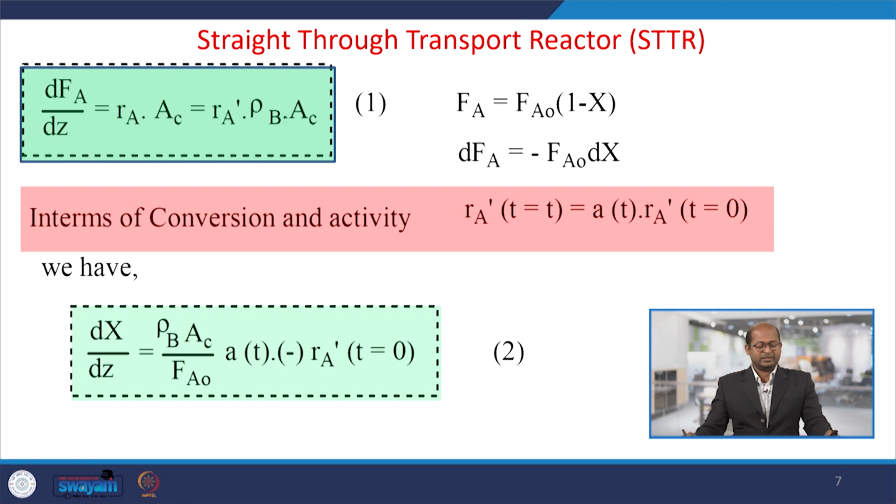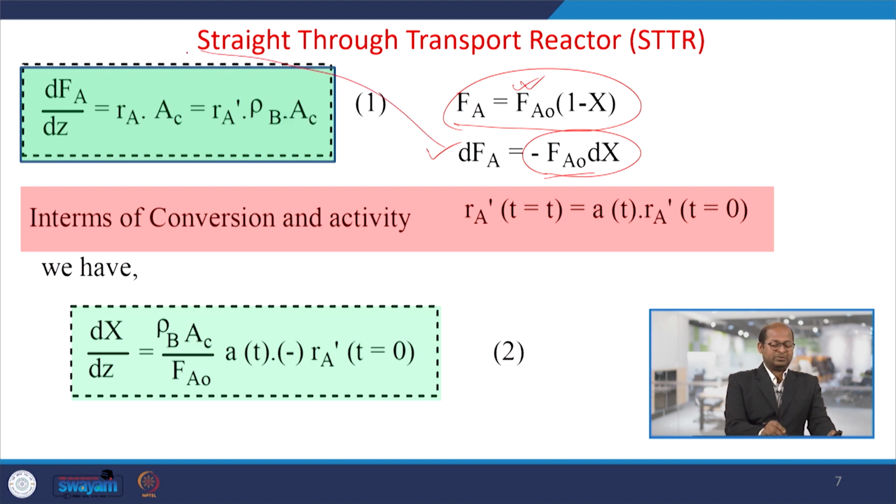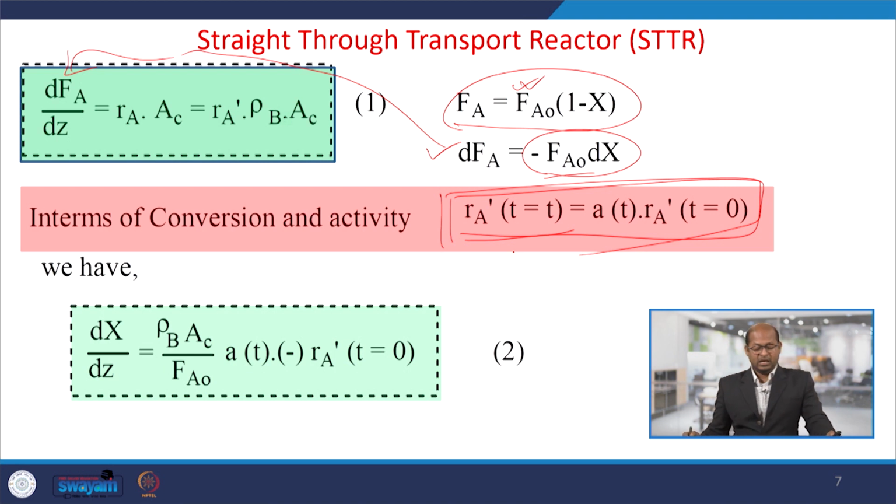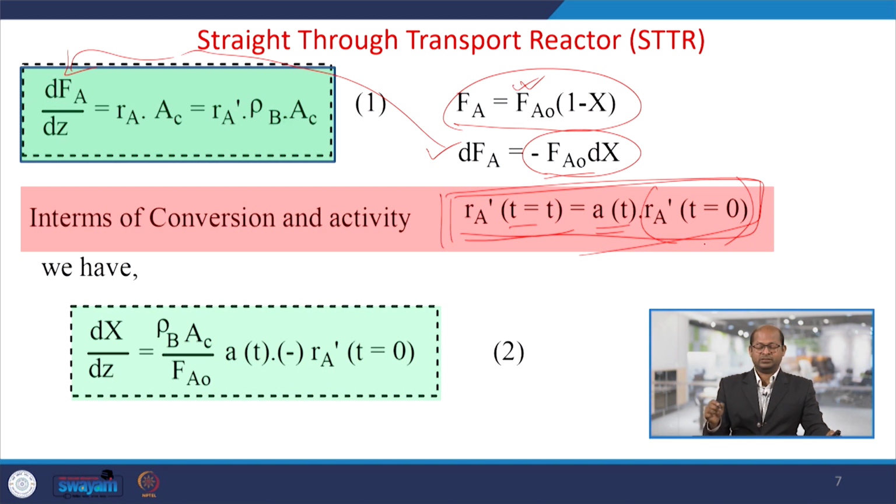We can rearrange or express this in terms of conversion, as we did last time. We note FA equals FA naught into 1 minus XA. Differentiating, since FA naught is constant, dFA equals minus FA naught dXA. We can substitute this here. For the deactivation of the catalyst, we can write RA prime at time T as the activity into the rate at T equals 0.